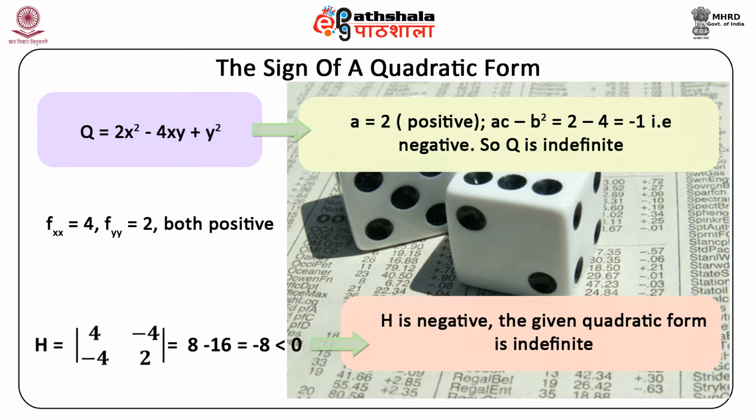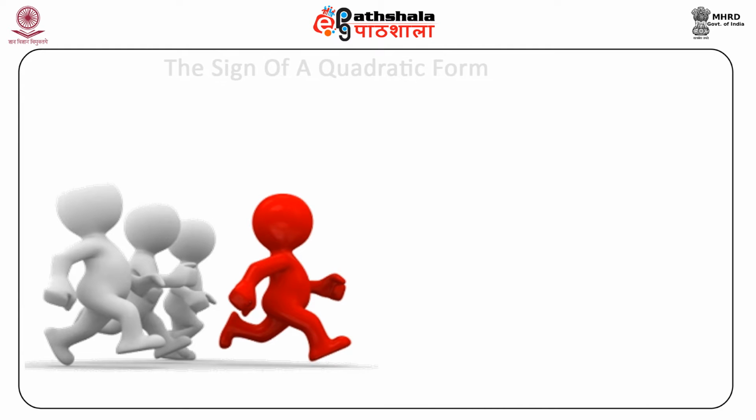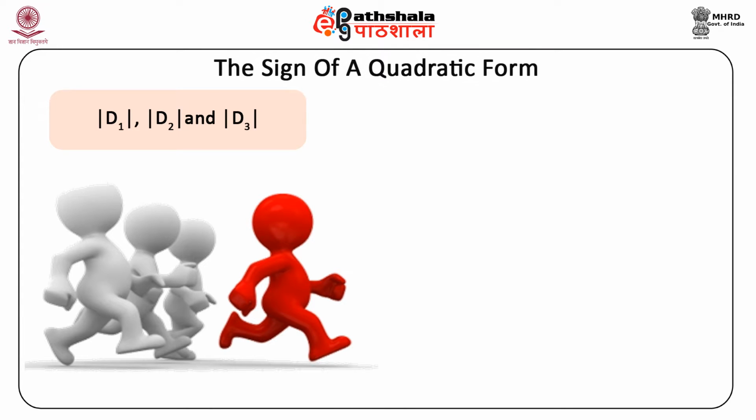The criteria for definiteness of quadratic forms extend to multivariate quadratic forms. For forms involving 3 variables, the Hessian will be third order, giving rise to 3 leading principal minors, say determinant d1, determinant d2 and determinant d3.